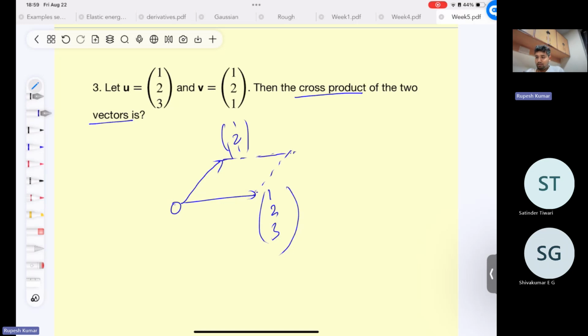So now one thing you can do is try to compute the area of this parallelogram.